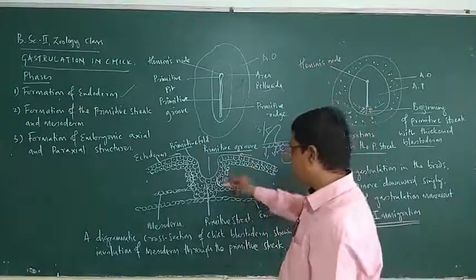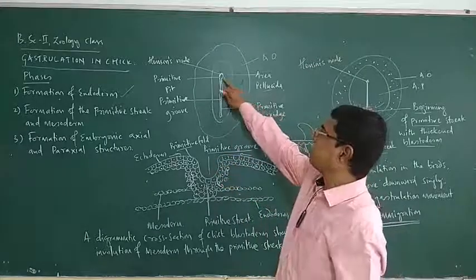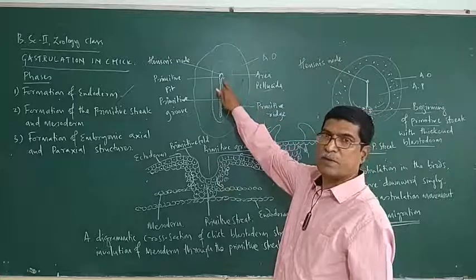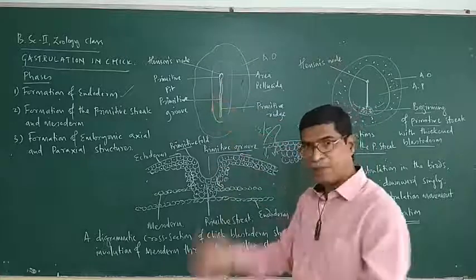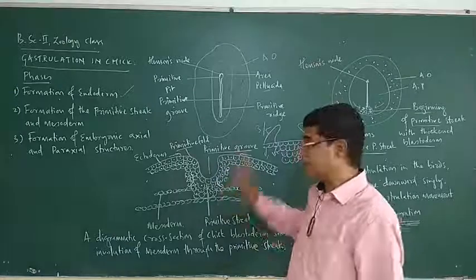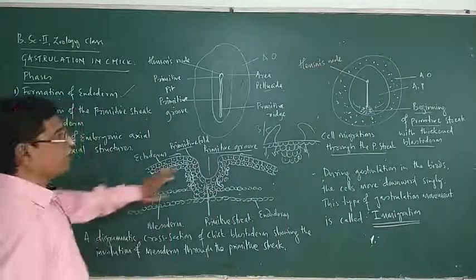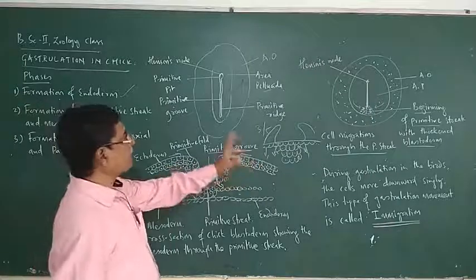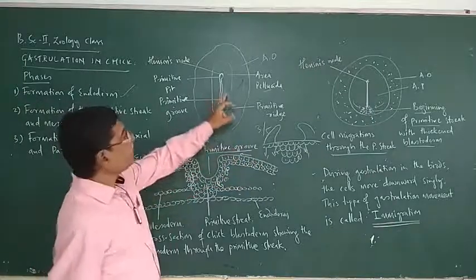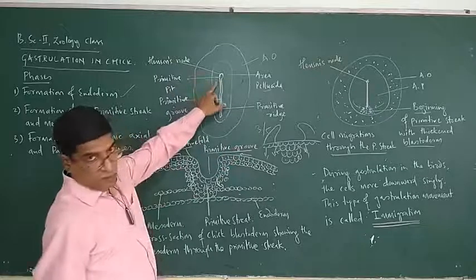So the primitive groove and the funnel-shaped pit are developed due to immigration of cells. Thus, primitive streak formation is completed. After the formation of the primitive streak, the primitive groove is formed. At the anterior end of the primitive groove, the primitive pit is formed.